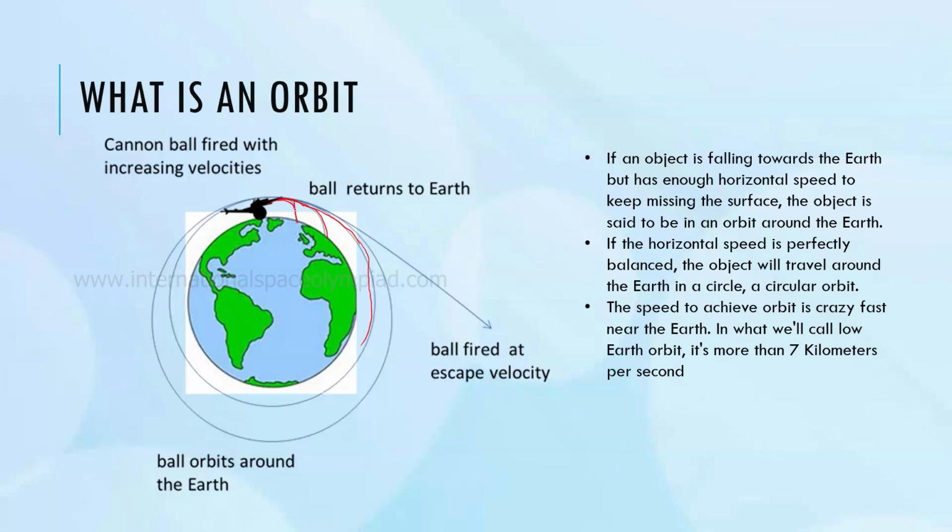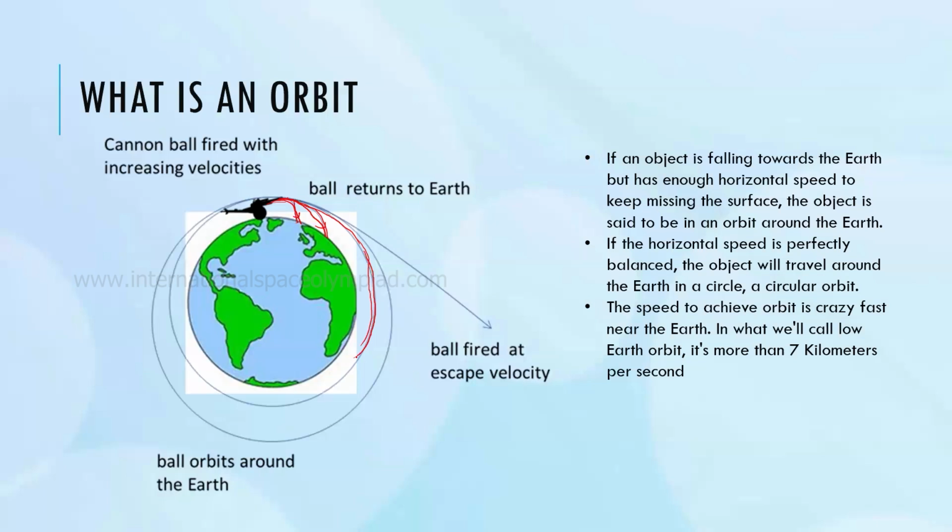In the first case, it is falling to Earth. In the second case as well, it is falling to Earth. In the third case as well, it is trying to fall to the surface of Earth. Then what will happen? It is making a circle.